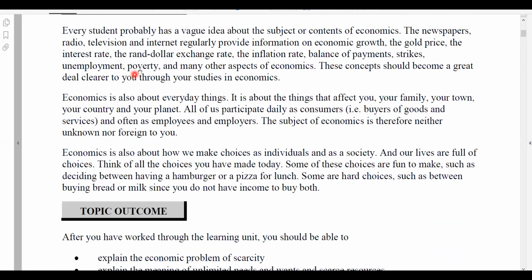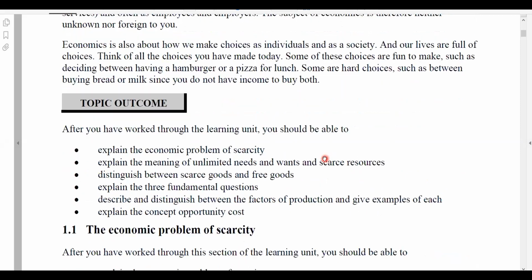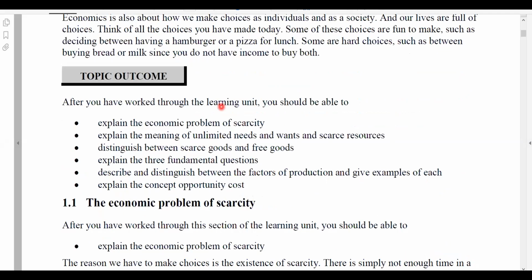On study unit number 1, after you've worked through this learning unit, these are the things that you should be able to do. Firstly, you should be able to explain the economic problem of scarcity. Then you should be able to explain the meaning of unlimited needs and wants and scarce resources. You should also be able to distinguish between scarce goods and free goods.